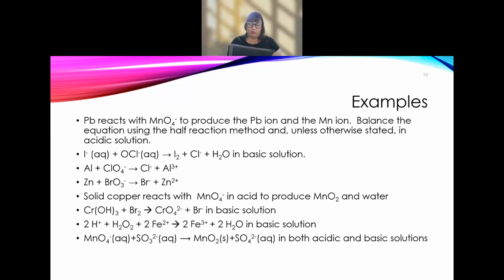I cancel my electrons when I add and simplify, and that leaves me with 5 Pb plus 16 H plus 2 MnO4 minus goes to 5 Pb2 plus 2 Mn2 plus 8 H2O. Okay, so that's our first one.